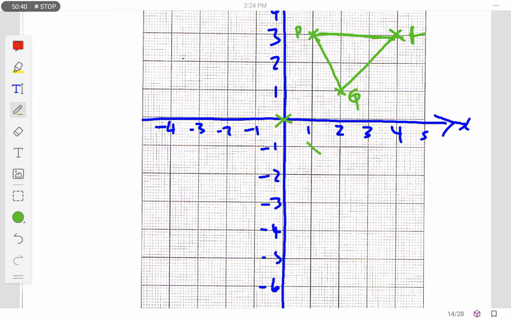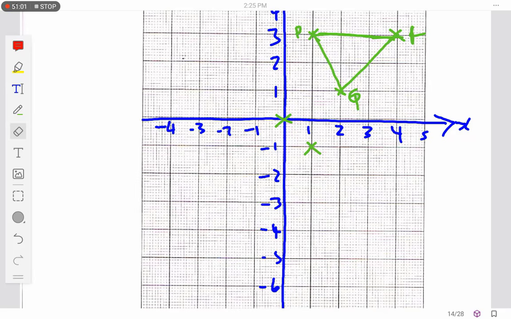So it is passing through like that. And since y is equal to minus x, the gradient is negative. So when a gradient is negative, the lines are like this. When the gradient is positive, like y is equal to x, the graph is like that. So you must always remember that.